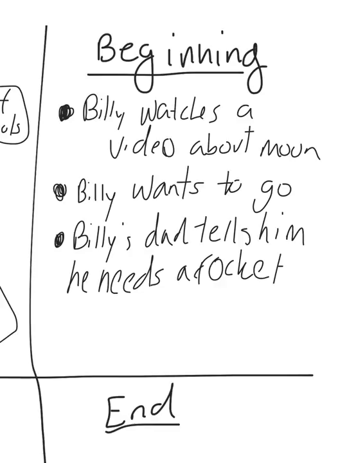In the middle section, we will actually get to the heart of the problem, but for now, we're just going to hang out in the beginning, which is introducing Billy and his dad, and the setting, which is the garage and the house. Go ahead and take a moment. Give 3 details about what's going to happen at the beginning of your story, and then continue.